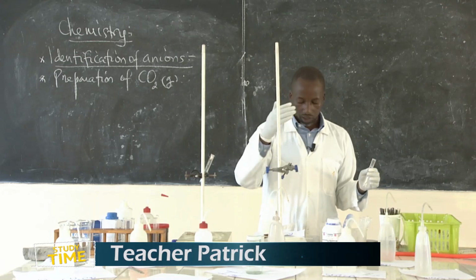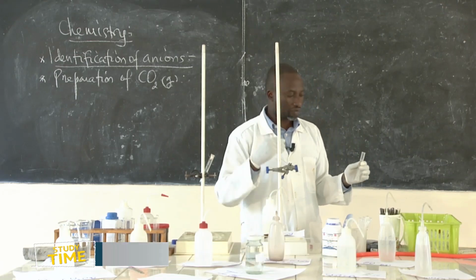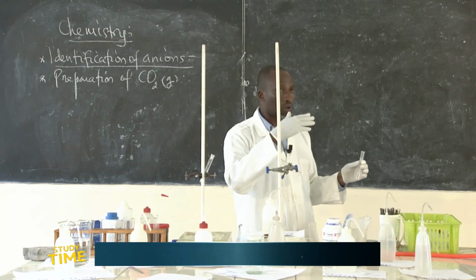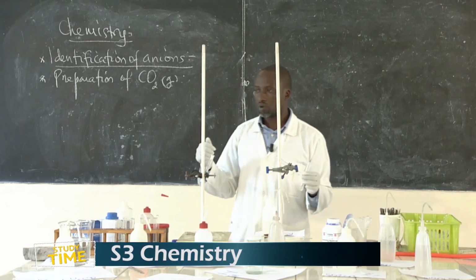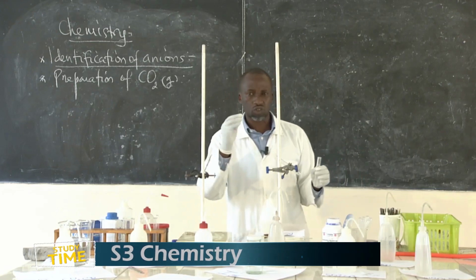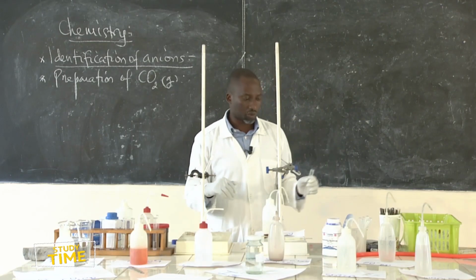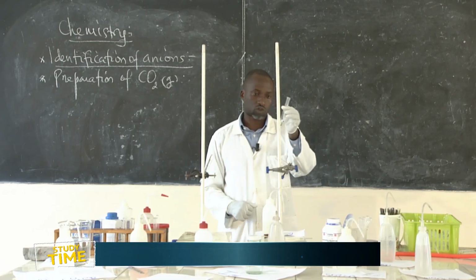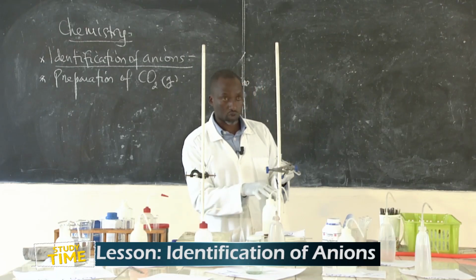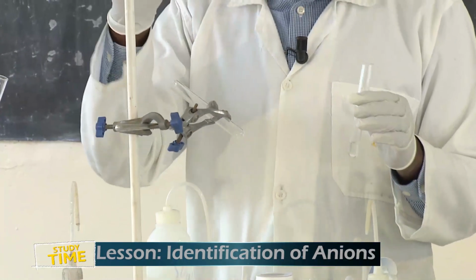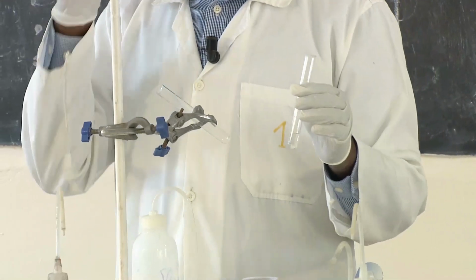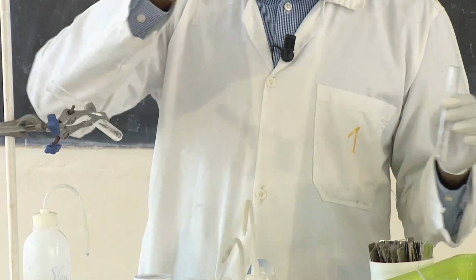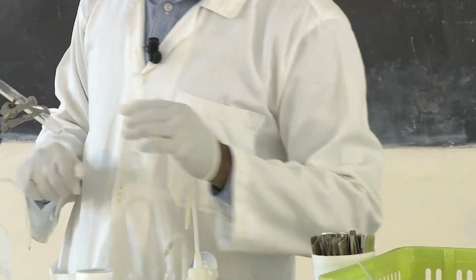Others are insoluble except lead sulfate. So lead sulfate is insoluble. Barium sulfate is insoluble. Calcium sulfate is slightly soluble. So this solution is extracted from solutions of sulfates except the lead, the barium, and the calcium sulfate, which I mentioned is slightly soluble.